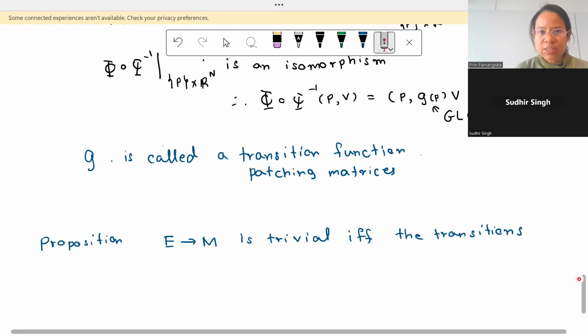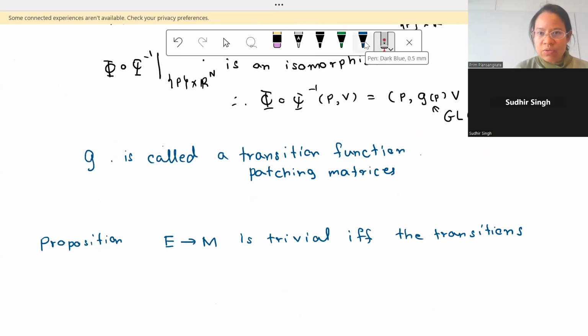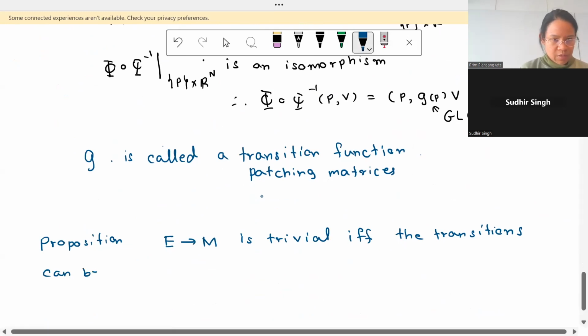And the proposition says that a bundle is trivial if and only if all the transition functions can be factorized.